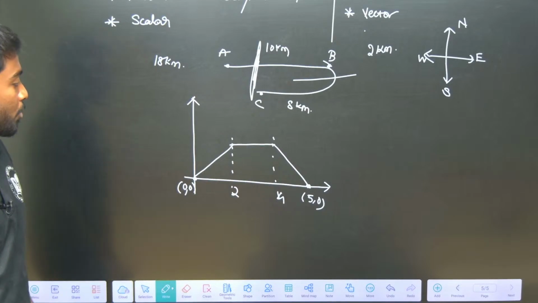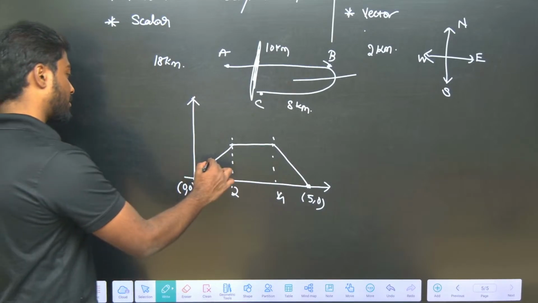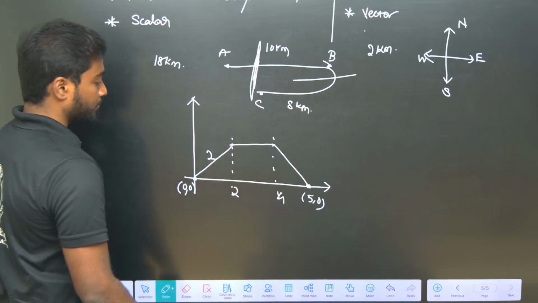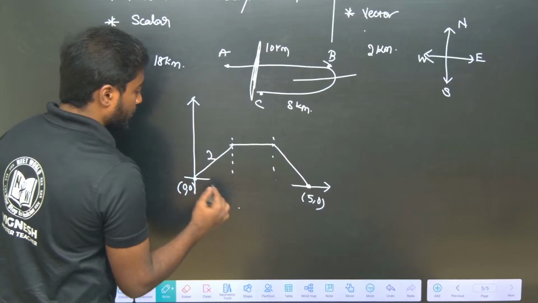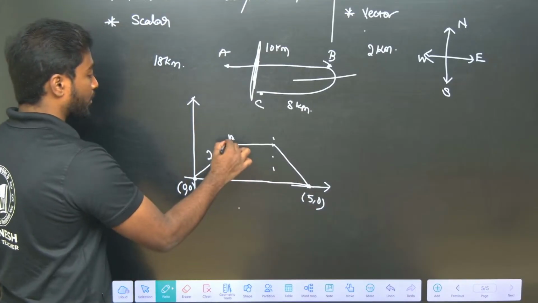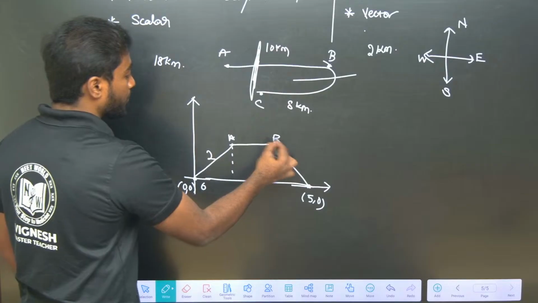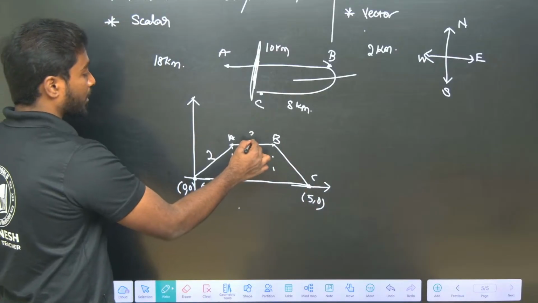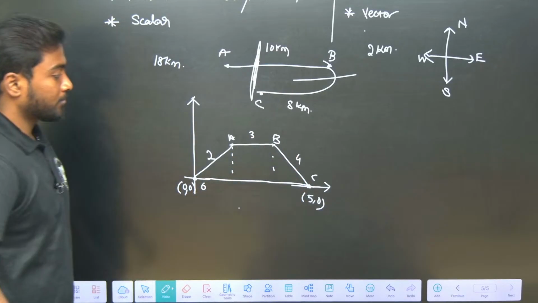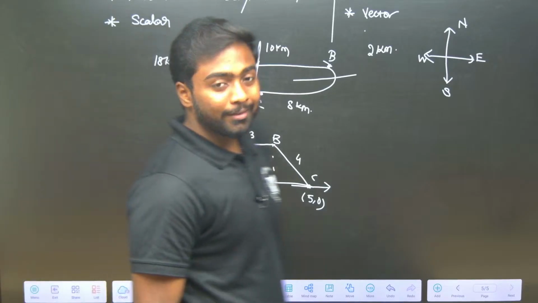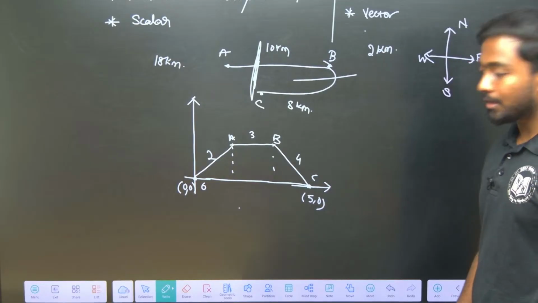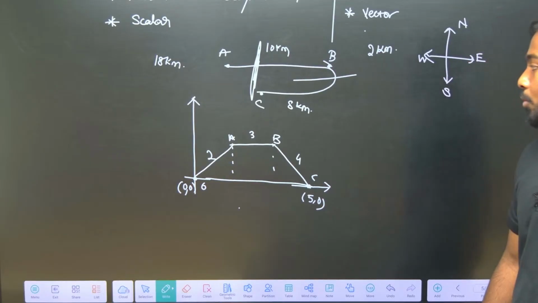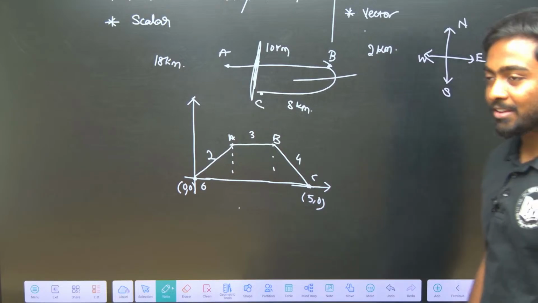This is 2 meter. From O to A to B, B to C, 2 meter, 3 meter, 4 meter, for example. So, what is the distance travelled from O to C and what is the displacement from O to C? O to C distance and O to C displacement I need to find.